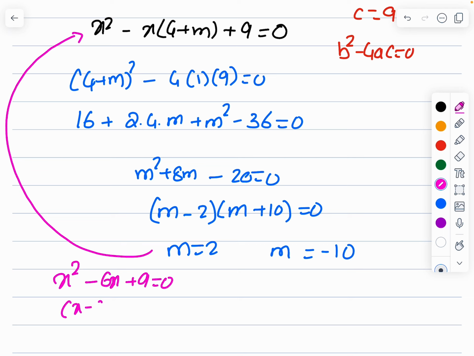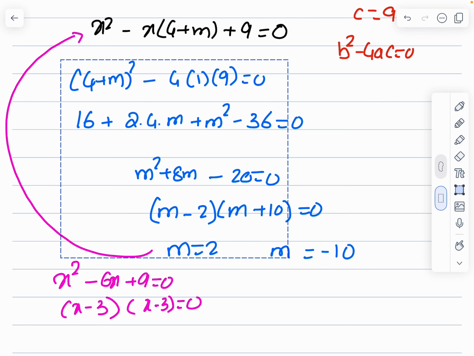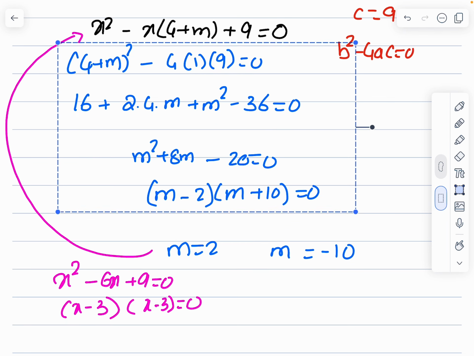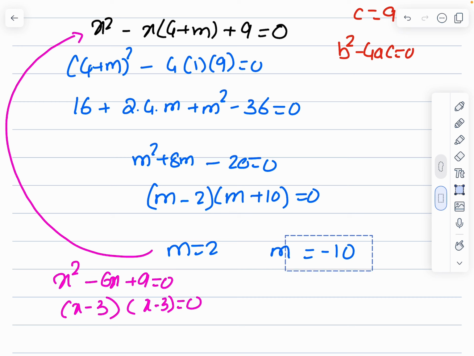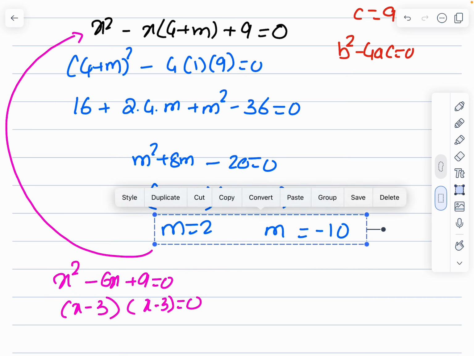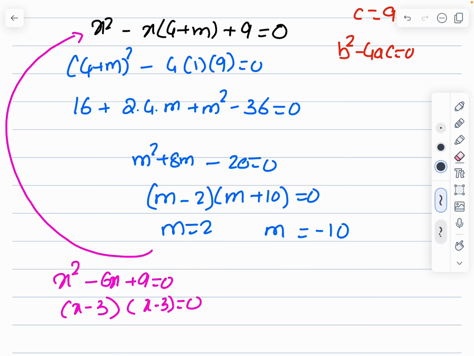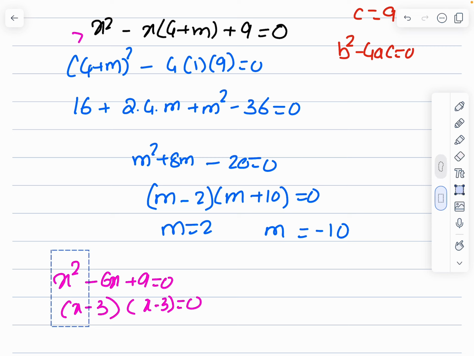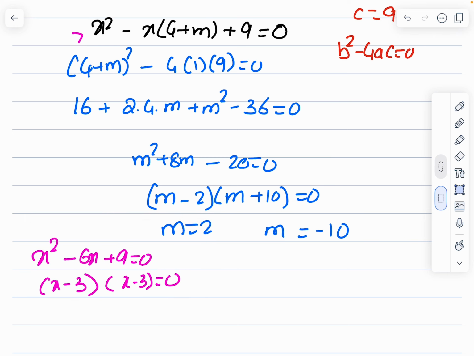So this becomes x minus 3 times x minus 3 equals 0. So what is the value of x? x equals 3.